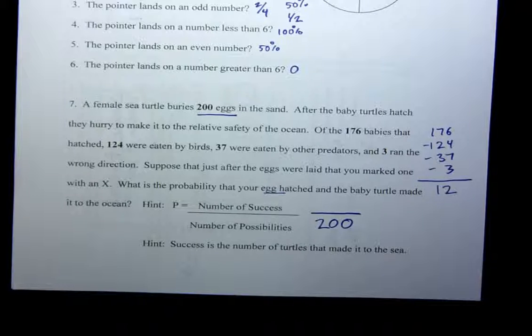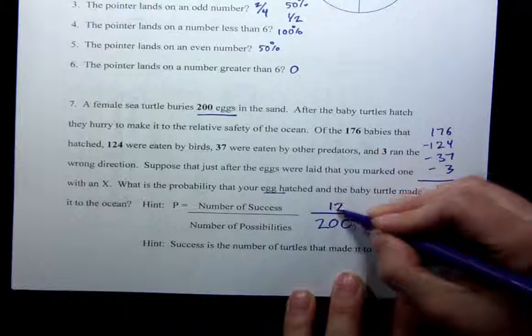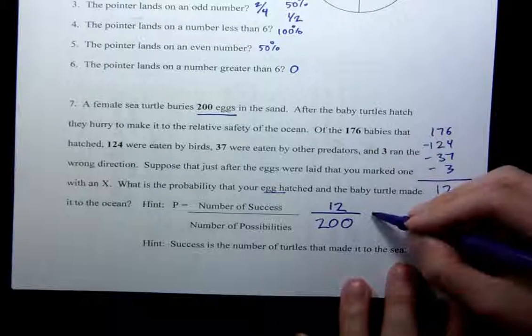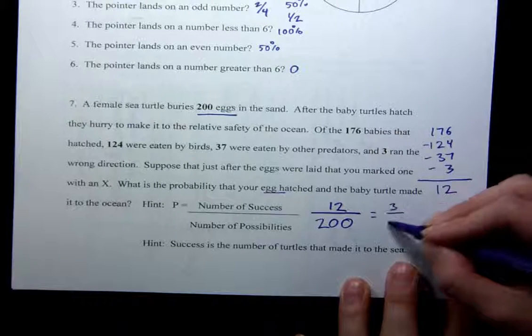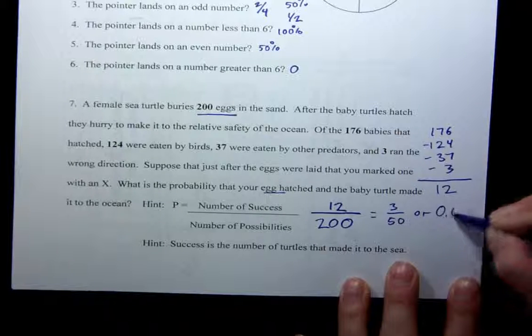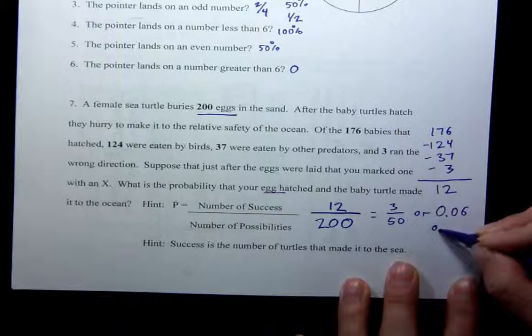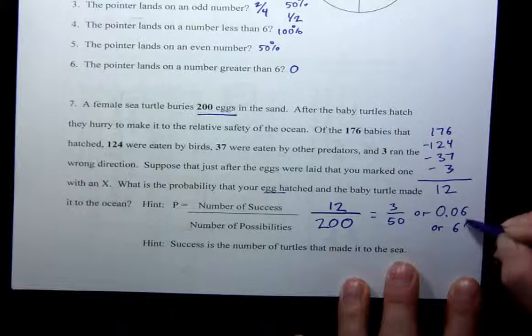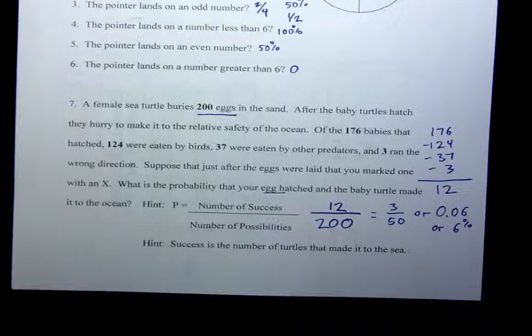So 12 is the number of successes there. And so it reduces to 3 over 50, or 0.06, or 6%. You can pick one format.